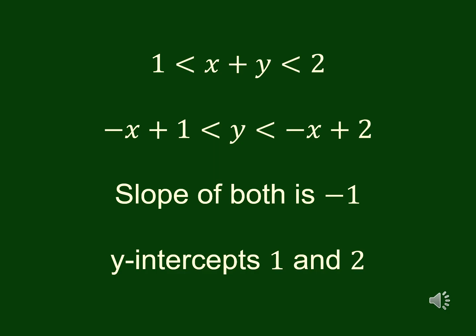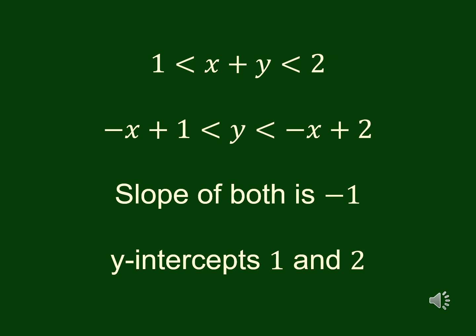Since I know that we're looking at lines, what I tried to do was rewrite this expression so that I could see what those lines were. Basically, I got y in the middle, and I did that by subtracting x everywhere in this expression. I get negative x plus 1 is less than y, which is less than negative x plus 2.